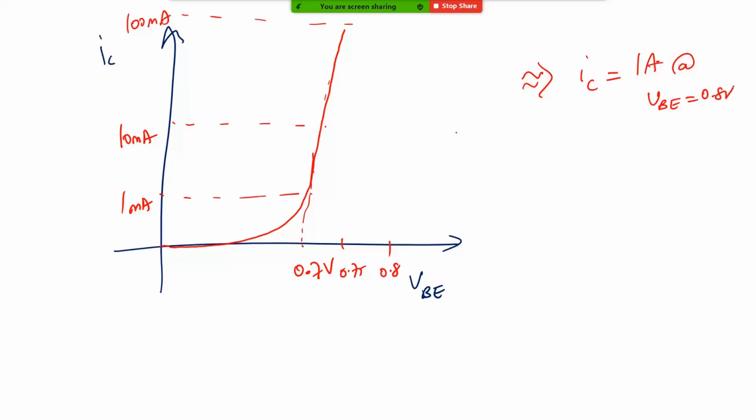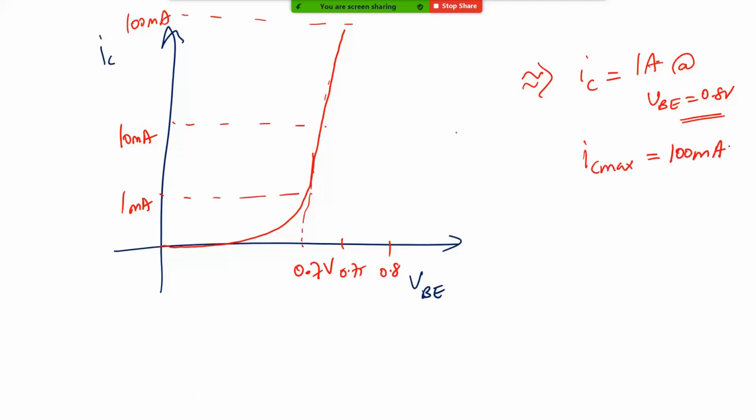Now what is the problem? If you extrapolate this curve, let's say at VBE of 0.8 you're getting 1 ampere of current. But for this transistor, let's say the IC max is 100 milliamp.